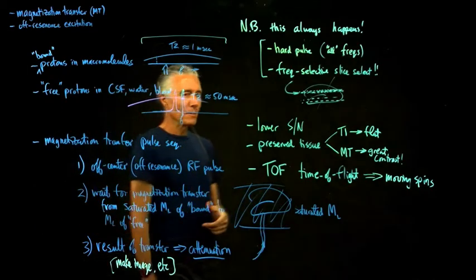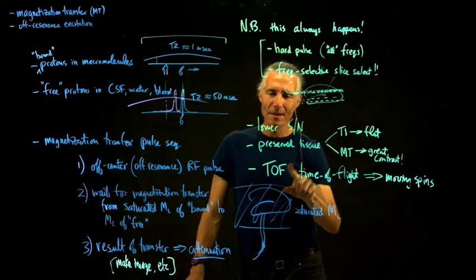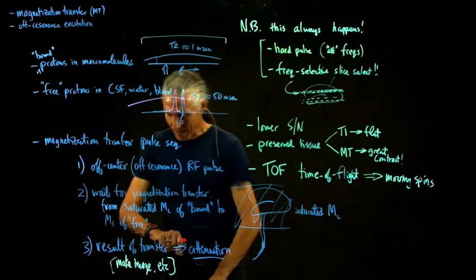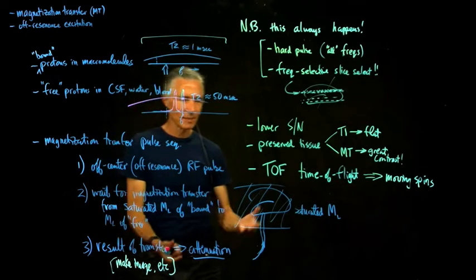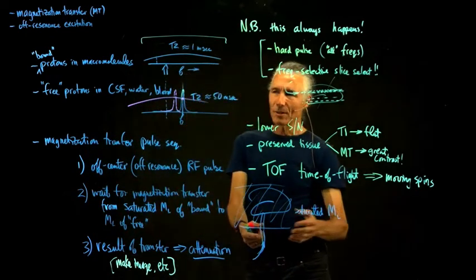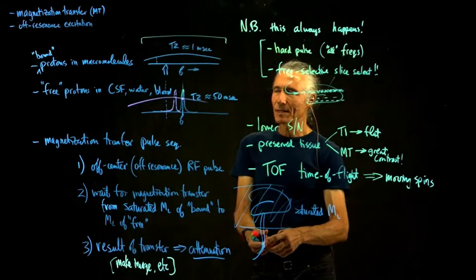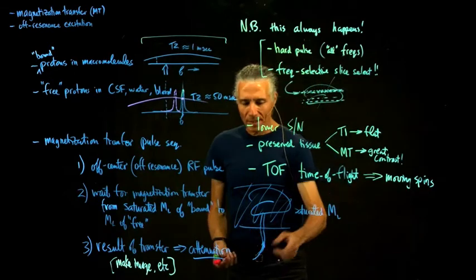So that's yet another kind of weighting. And I won't go into the details, but there are various gradient tricks that you can do to try to emphasize the moving spins. And what do these scans look like?